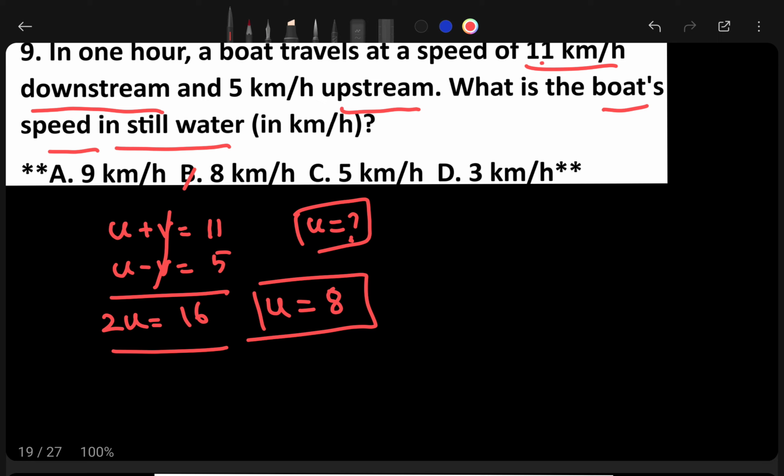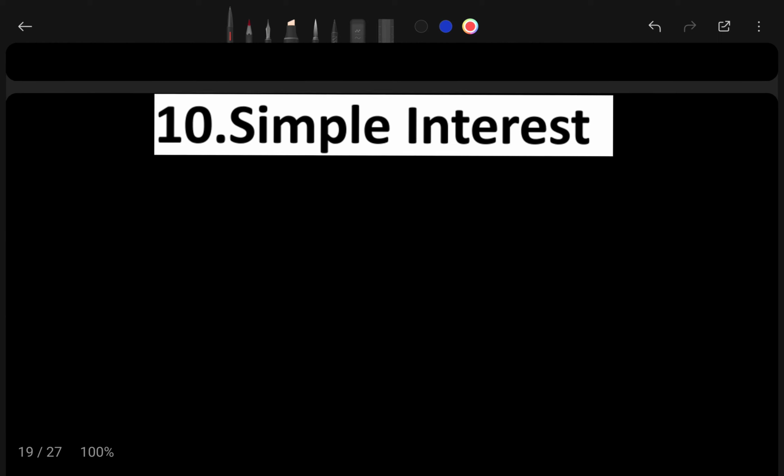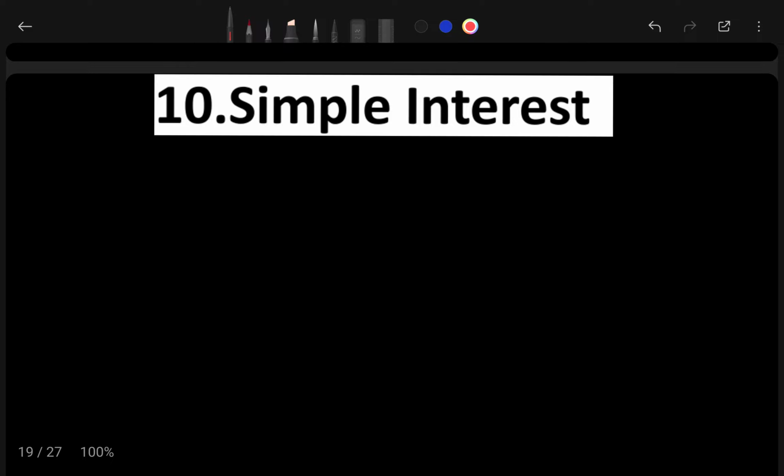Okay, now we shall go for our next topic. Simple interest is really a very simple concept. Let us discuss the concept of simple interest. What happens in simple interest is, if I have 100 rupees now, after 1 year, due to either inflation or any kind of bank loan interest, my amount will increase at a certain rate.